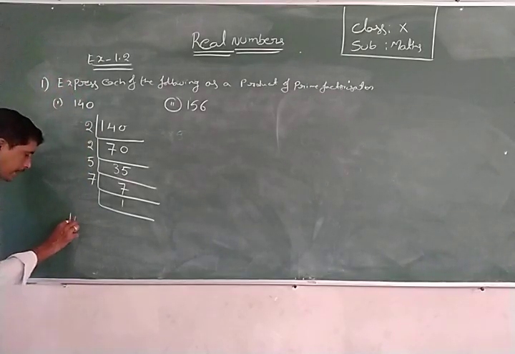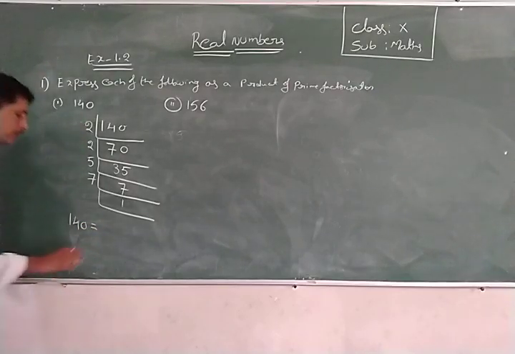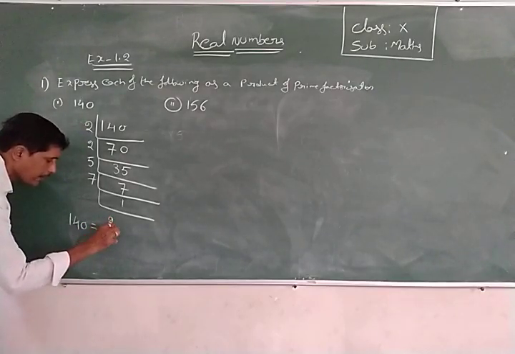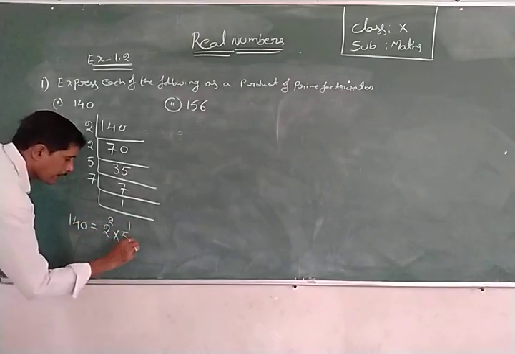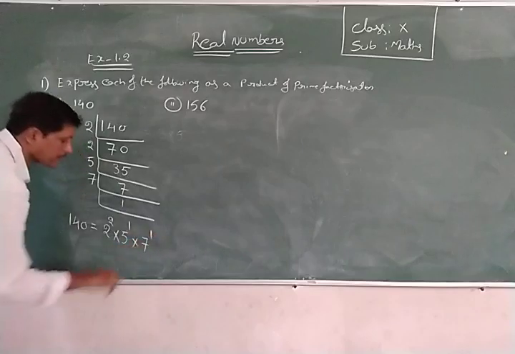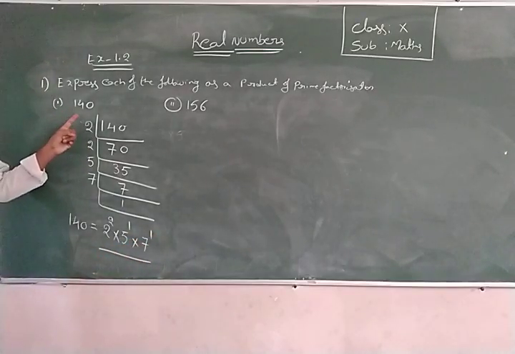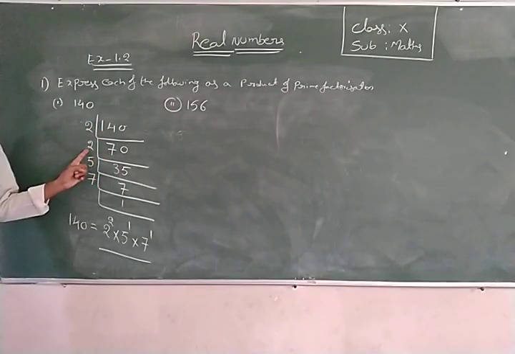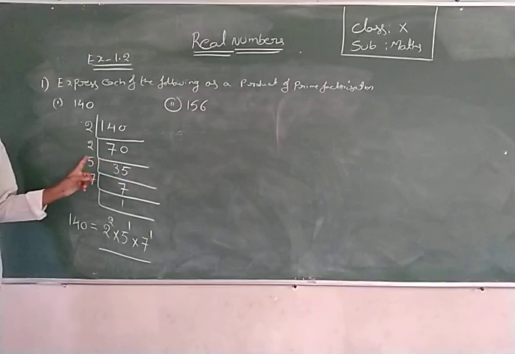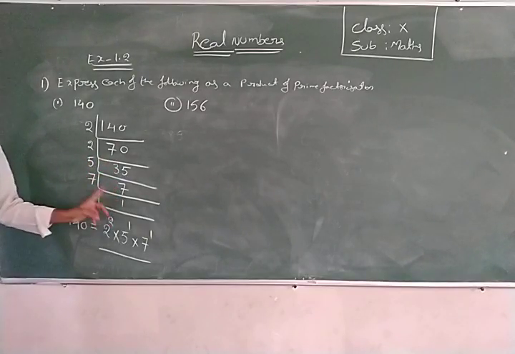So 140 can be written with 2 how many times? 2 times, that is 2 square. 5 only one time, that is 5 power 1. 7 only one time, that is 7 power 1. Again, 140 is 2 times 70, 2 times 35, 5 times 7, and 7 once.